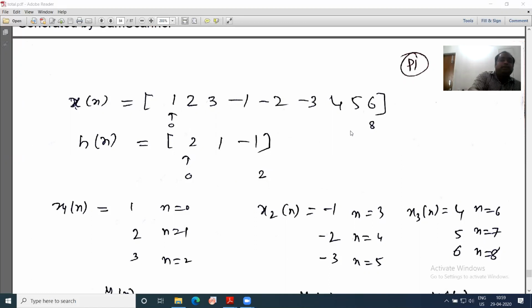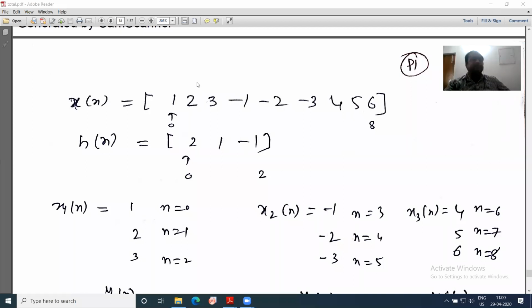Suppose x of n has 0 to 7, 8 samples, and h of n has 2, 1, minus 2, 1, 2, 1, minus 1. Then I take x of n equal to x1 of n, x2 of n, x3 of n, x4 of n. Suppose up to 5 is there and 6 is not there, then how many samples here? 8. This is 3.